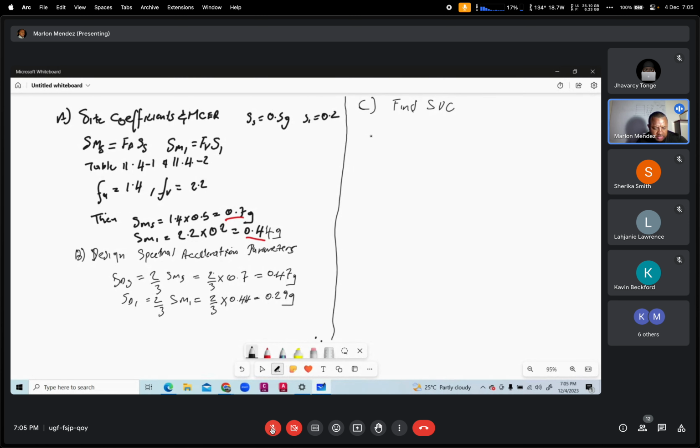In finding SDC, if you look in Tables 11.6-1 and 11.6-2, what I stated earlier was that this building is a hospital. So what is important is the risk category of this building.